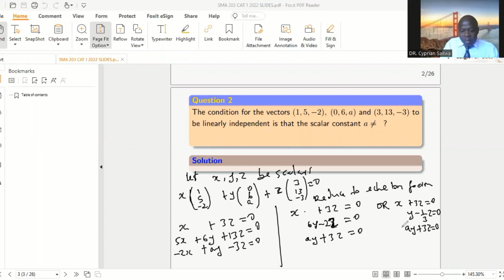Now, I want a 0 in this position. That means I multiply the second equation by a and subtract the result from the third equation. The first equation remains as it is. The second equation remains as it is.